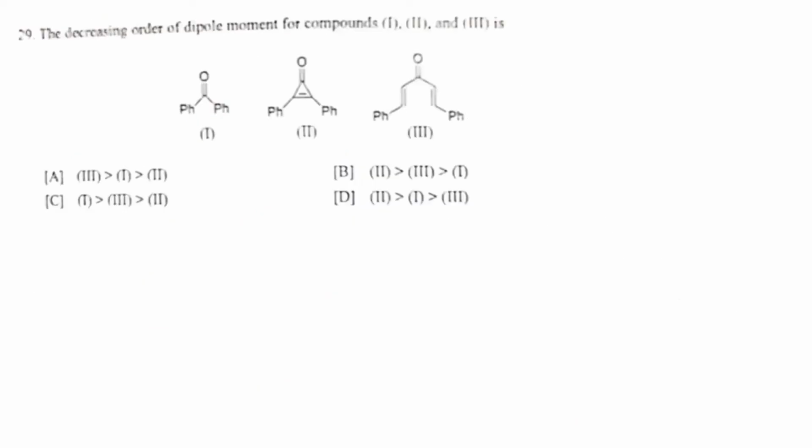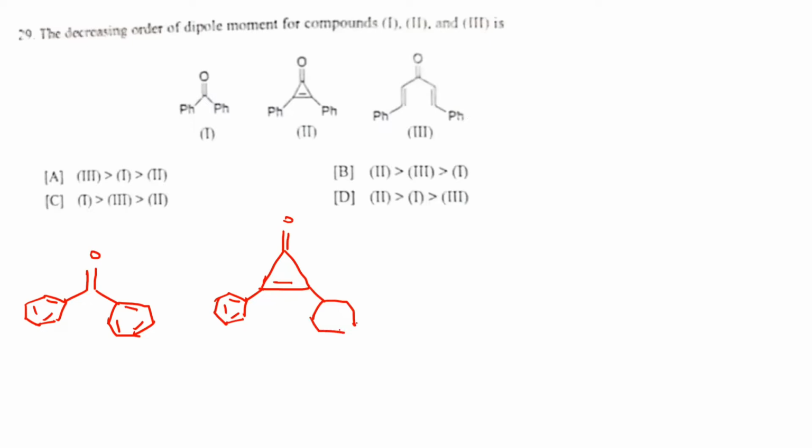The question is the decreasing order of dipole moment of the following compounds. Now see the second. What is the first compound? A double bond to O, then a benzene ring, and another phenyl ring. This is a cyclic molecule with double bond O and 2 benzene rings. Again another has 1 benzene ring.